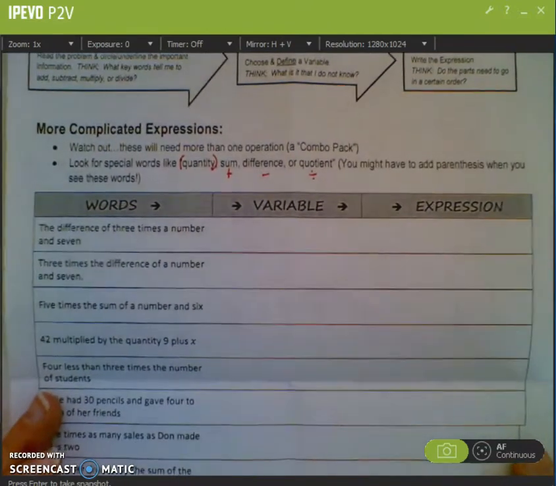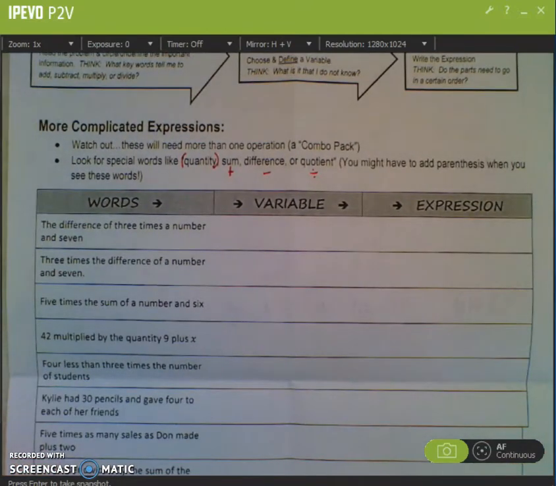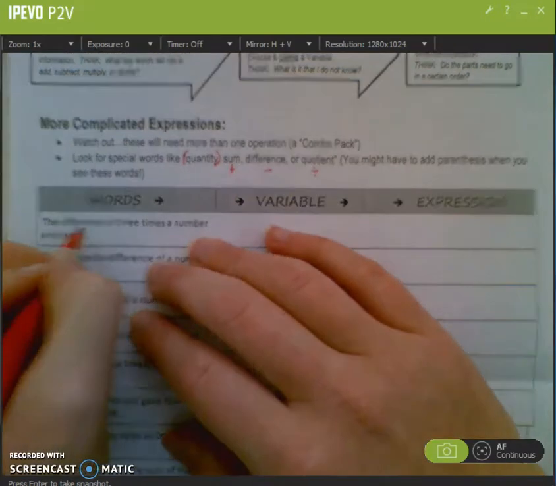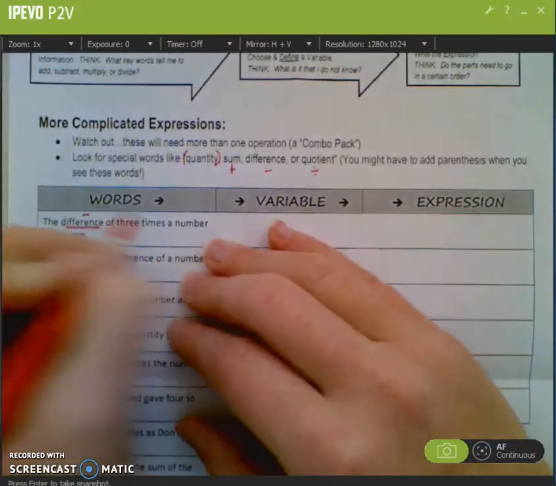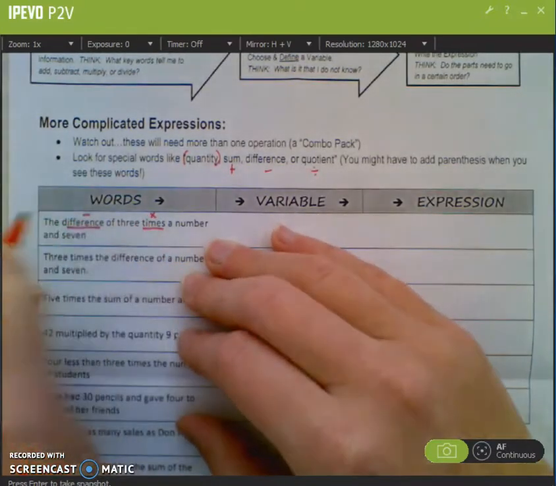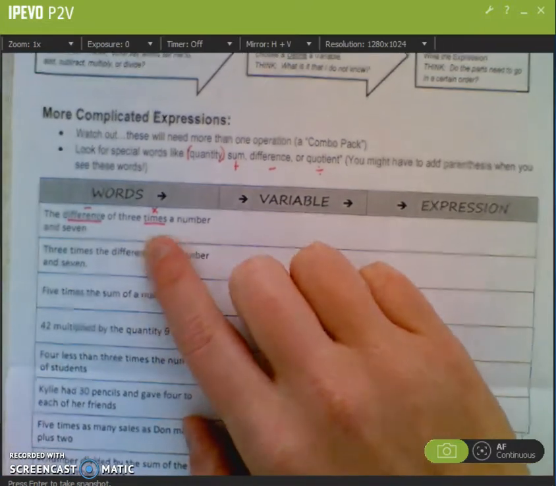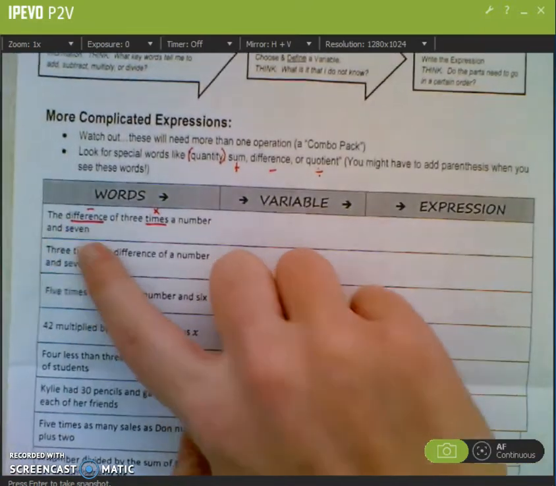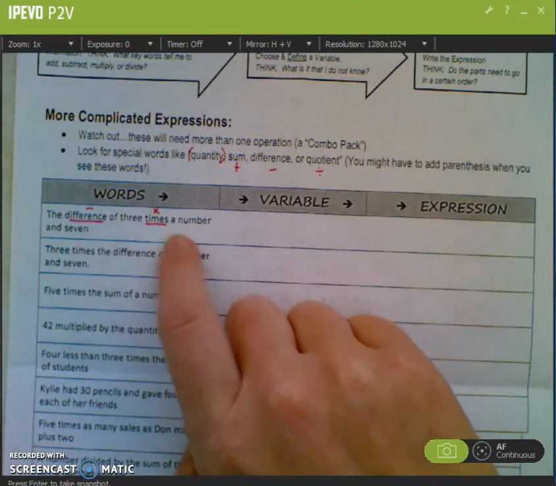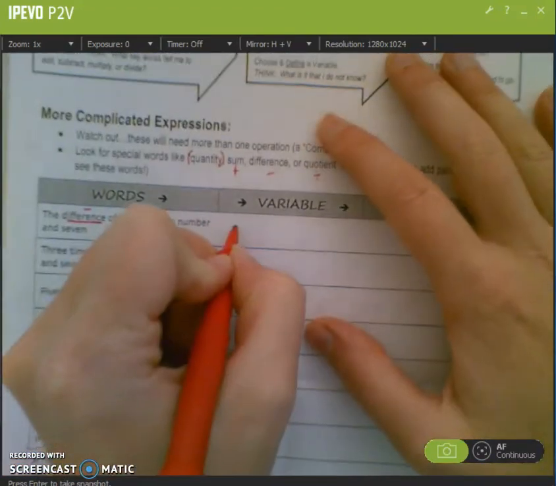It says the difference of 3 times a number and 7. So difference means subtract. I'm going to underline that and subtract. Times means multiply. 3 times a number and 7. That's our difference. So the variable, I'm going to pick A this time.